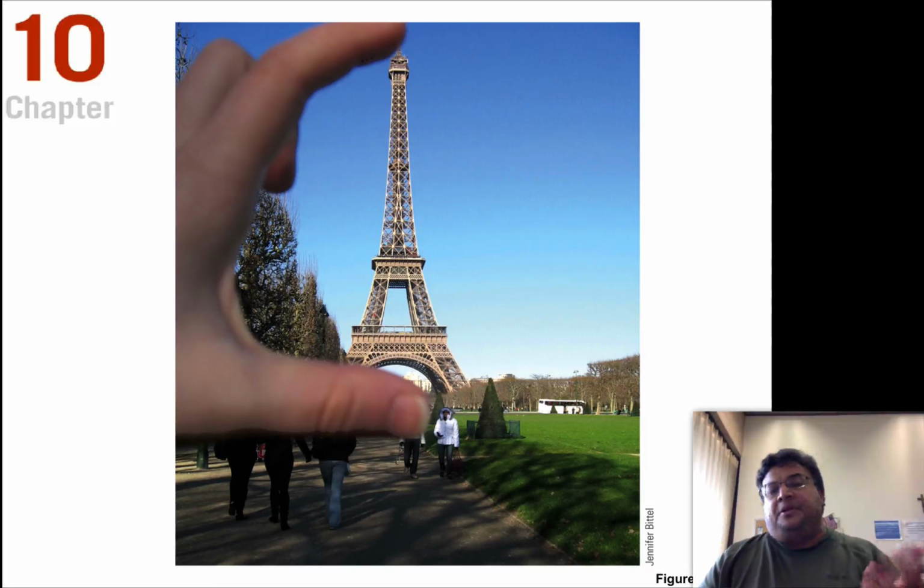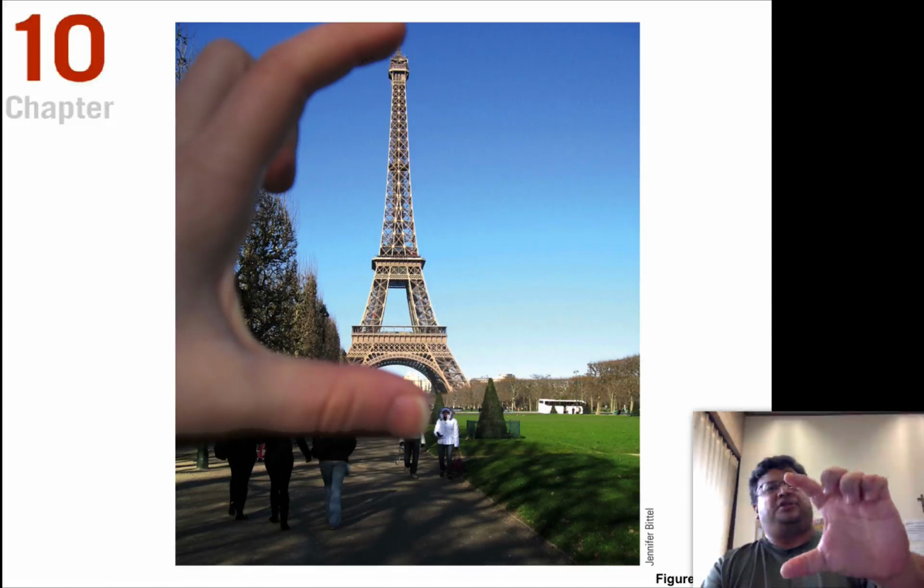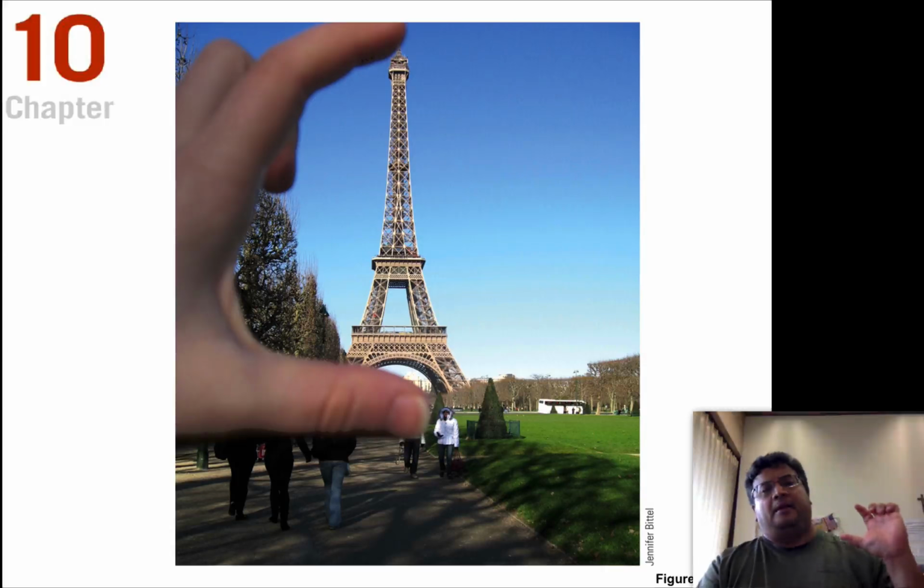And here's an example of visual angle. This is the Eiffel Tower, which is huge. If you've never seen the Eiffel Tower, you should someday. It's very tall, but I can measure the visual angle it projects onto my retina.